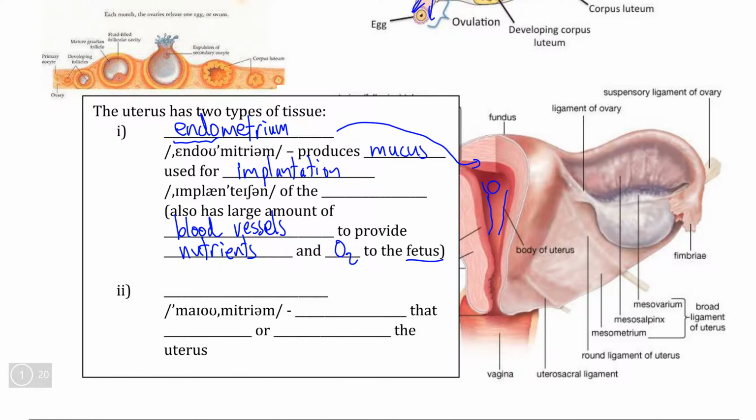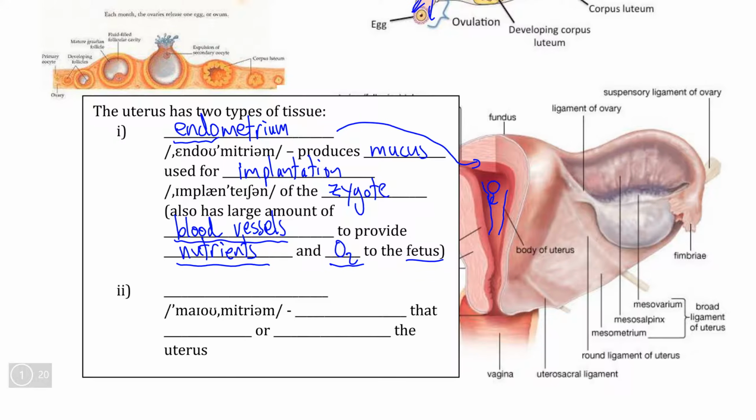Implantation is simply when the fertilized egg, which is what we call a zygote, sticks into the layer of mucus and implants itself into the side of this structure, again, in order to be close to the blood vessels, so that the growing mass of cells, which will eventually become a fetus, is supplied with enough nutrients and oxygen to grow.